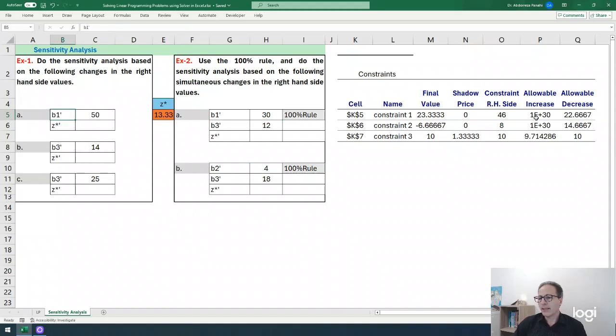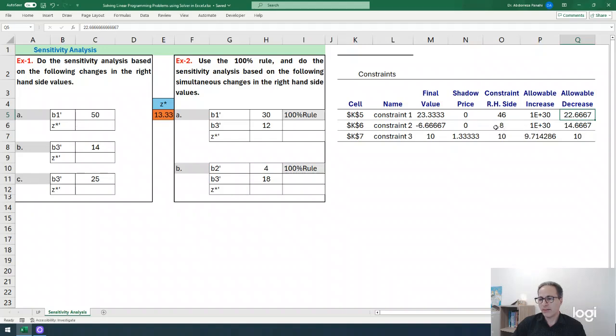And here we can see that in the sensitivity report, we have some numbers which are important for us. In constraint 1, the right-hand side is 46. We can increase this 46 up to this value or decrease it by that many units and still answer the problem without solving a new problem. For the second constraint, the right-hand side can be increased.